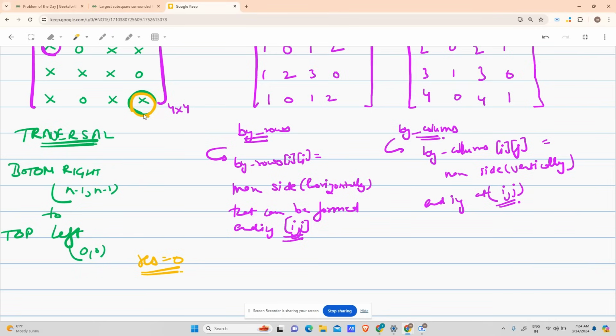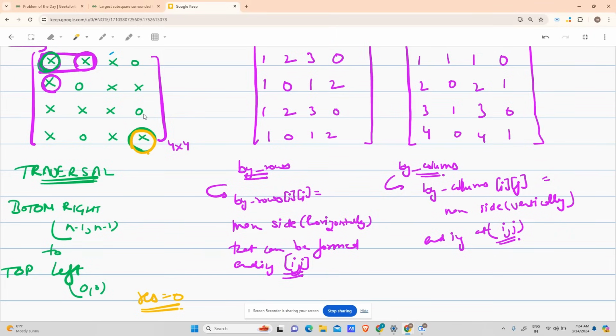We are here. Now what is the maximum side of square that will include this vertex as a corner, as a bottom right corner?